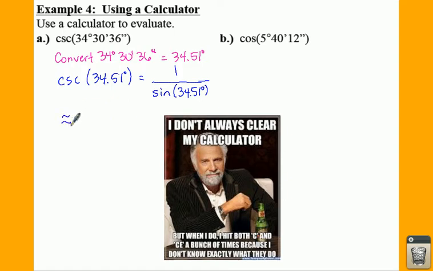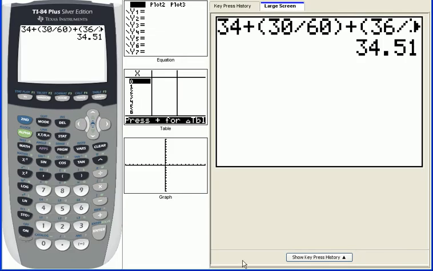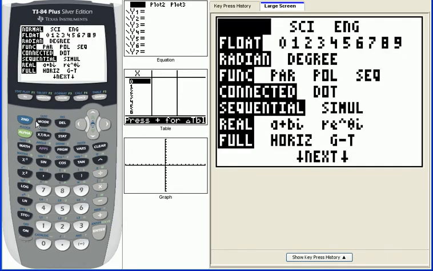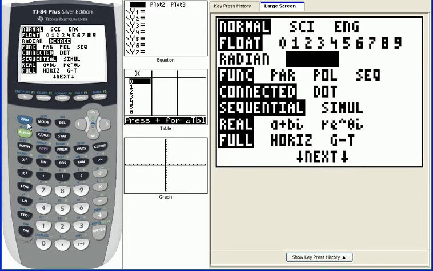So when you plug it in here, we are doing this in degrees, so you need to make sure that your mode is in degrees. If it's in radians, you're not going to get the same answer. If I had plugged my answer in here while in radians, it would not have worked, and I would not get the correct answer. So you need to turn that into degrees.